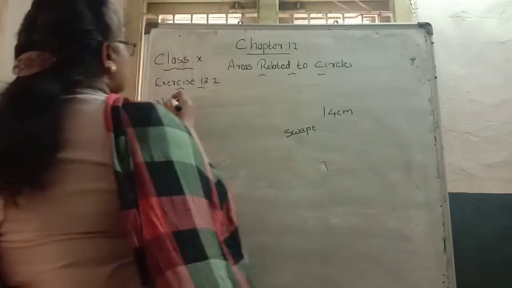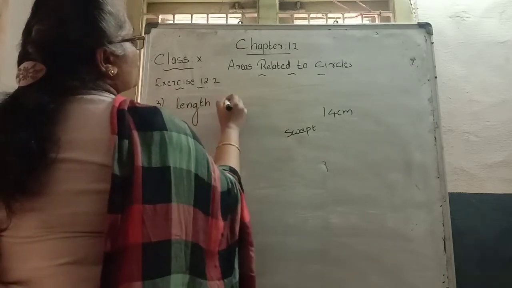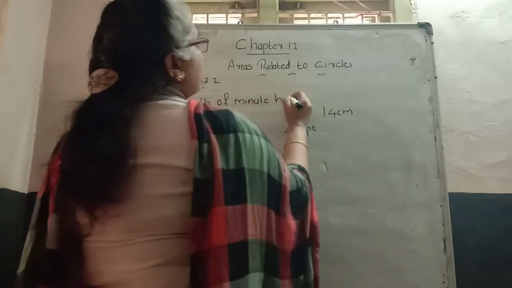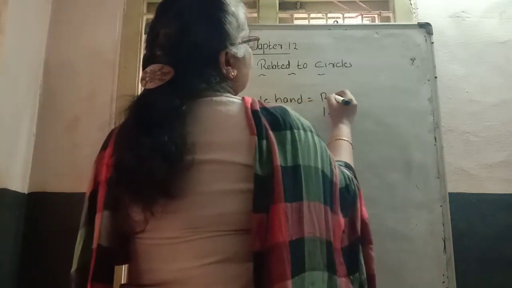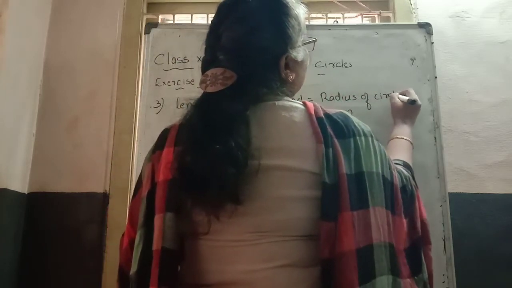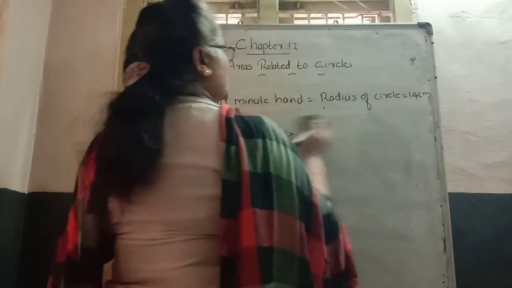First they given us the length of minute hand, that is equal to the radius of our circle. Minute hand length, how much they given? 14 centimeter.